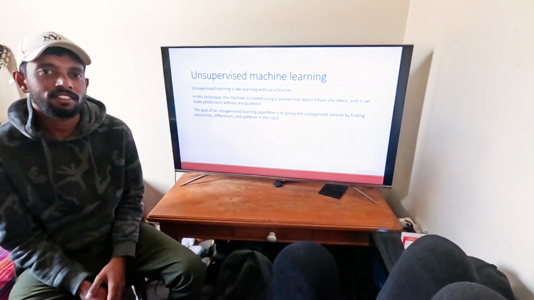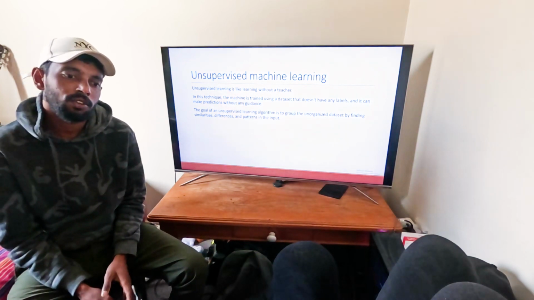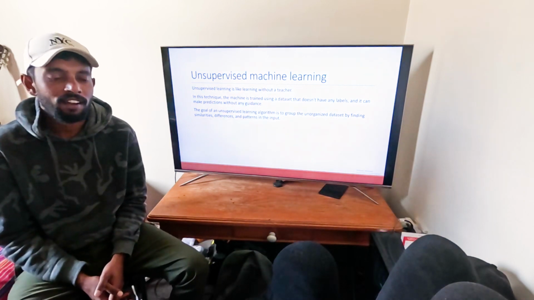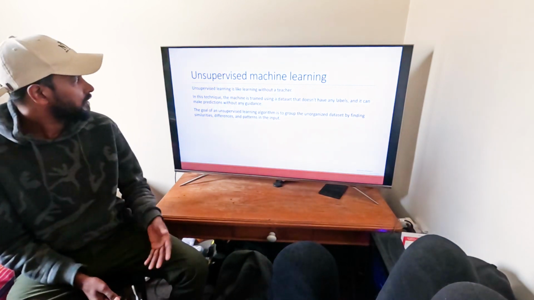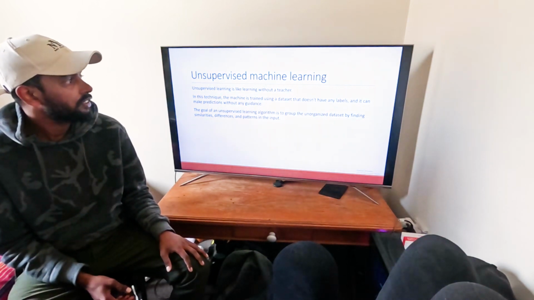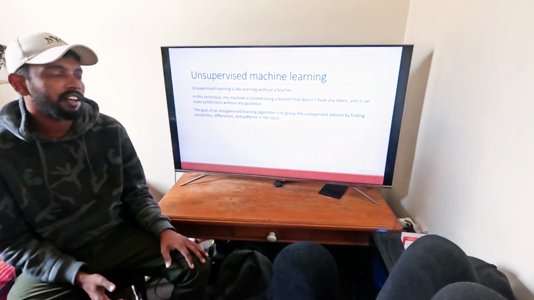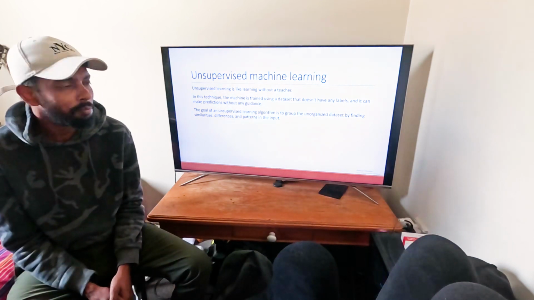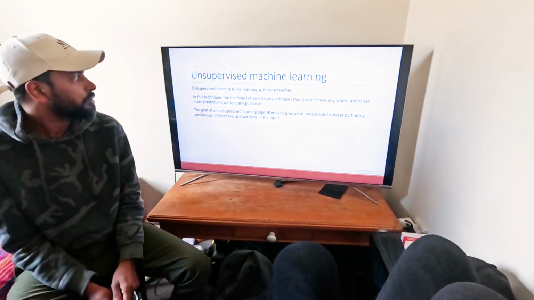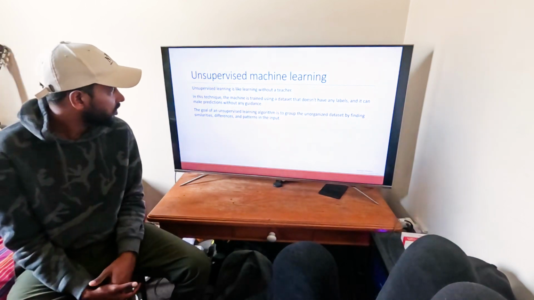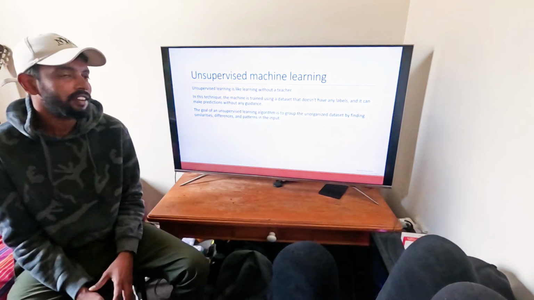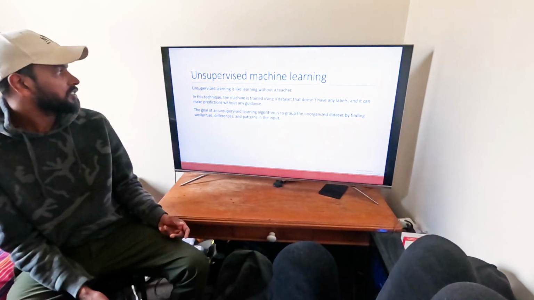Unsupervised machine learning is a method where we learn without a teacher. If we don't have a large data set which we have already labeled, then we can use this. In this technique, the machine is trained using a data set that doesn't have any labels, and it can make predictions without any guidance.